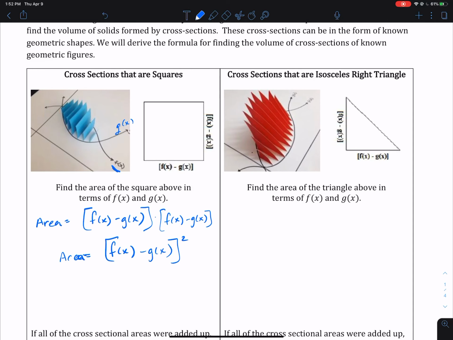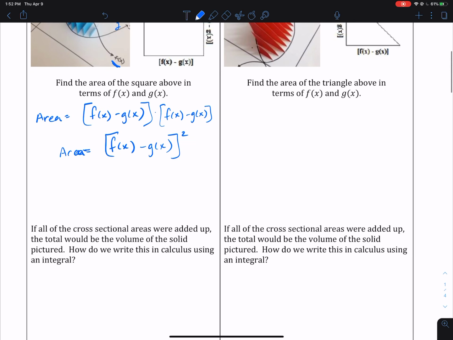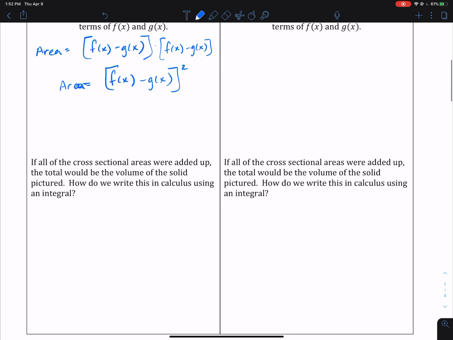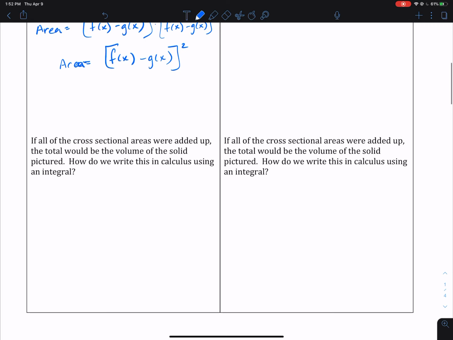Okay. Now, if all of these cross-section areas were added up, the total would be the volume of the solid pictured. How do we write this in calculus? Using an integral. So an integral from a to b of your cross-section area, squared, dx. That is your volume.